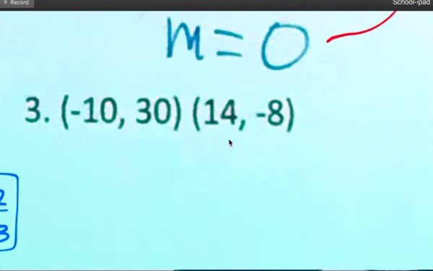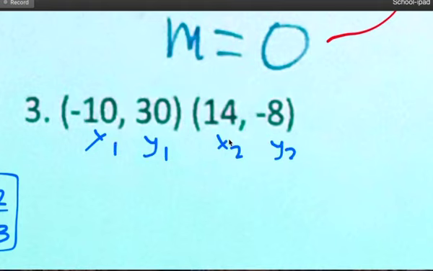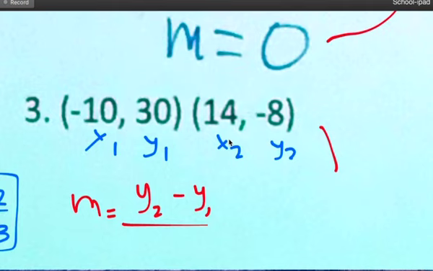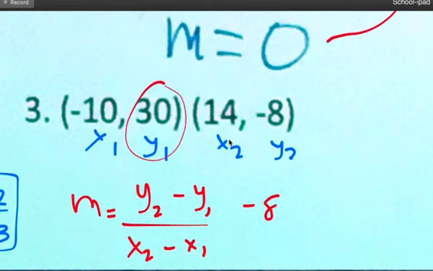Now, this one here, x sub 1, y sub 1, x sub 2, y sub 2. I want you to write formulas for every one of these because it's your first time using it. The change in y over the change in x: x sub 2 minus x sub 1. Y sub 2, that's -8, minus y sub 1, 30, that's -38.